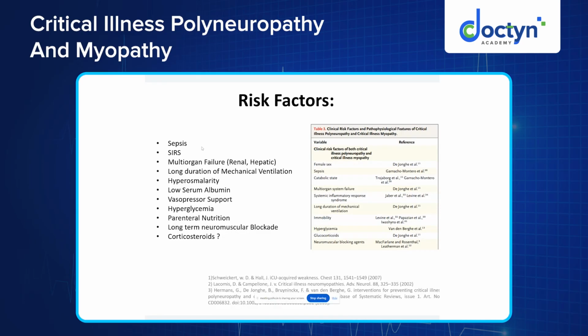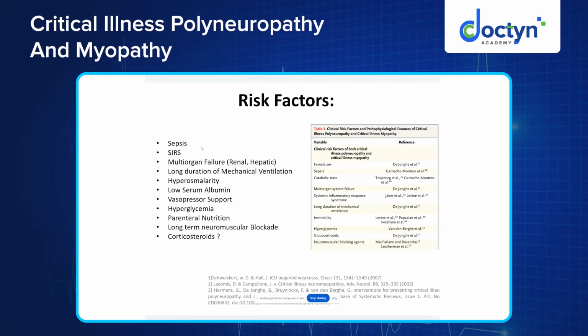Female sex, sepsis, catabolic state and multi-organ failure, severe inflammatory response syndrome, SIRS, long duration of mechanical ventilation, a long immobile patient, multi-organ dysfunction, either renal or hepatic, hyperglycemia, a patient on long-term glucocorticoids and neuromuscular blocking agents, parenteral nutrition, vasopressor support, hyperosmolality and low serum albumin.